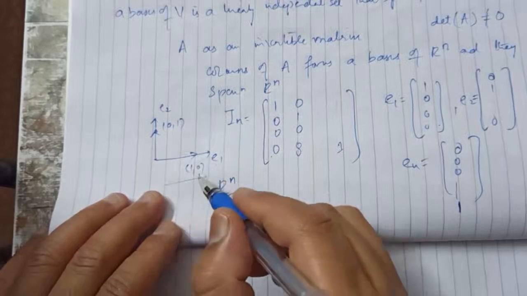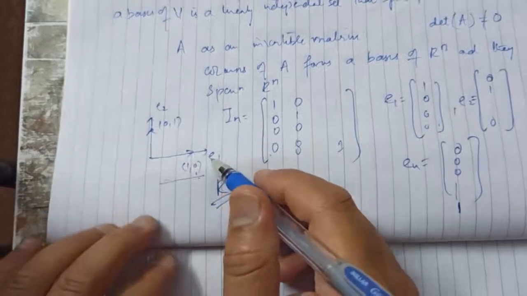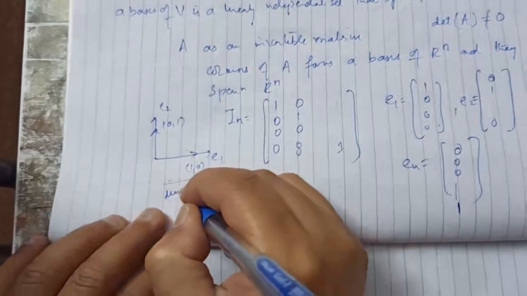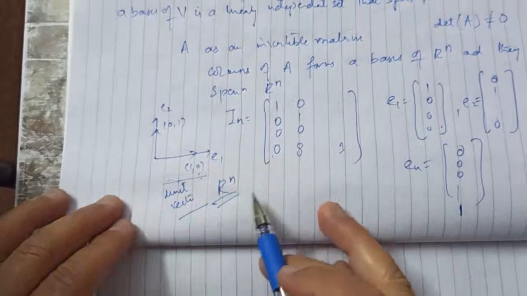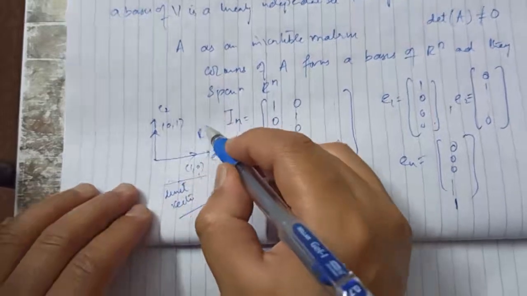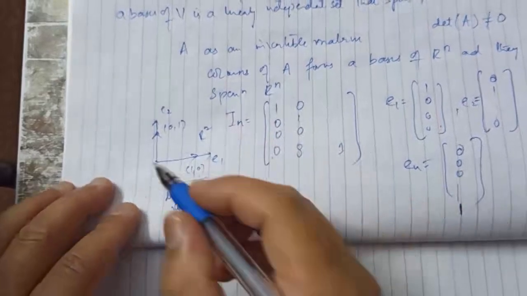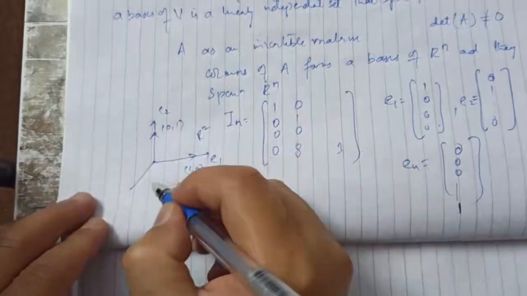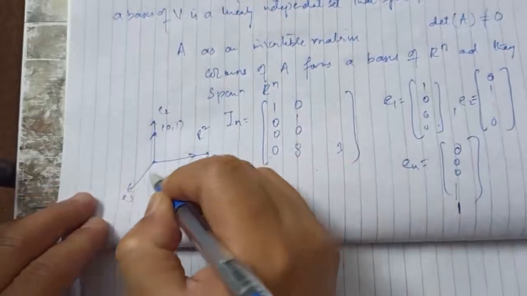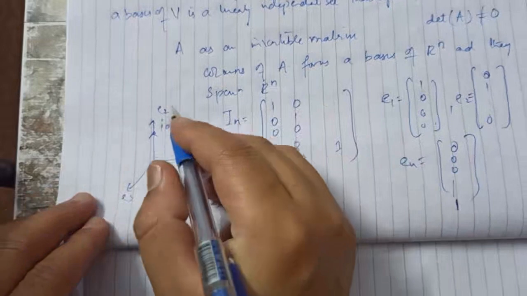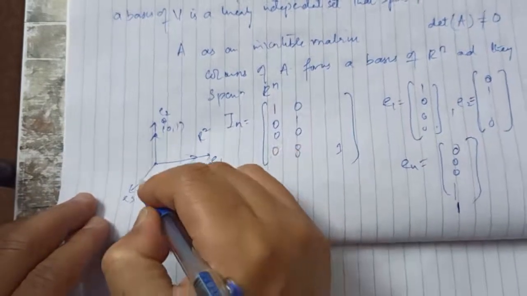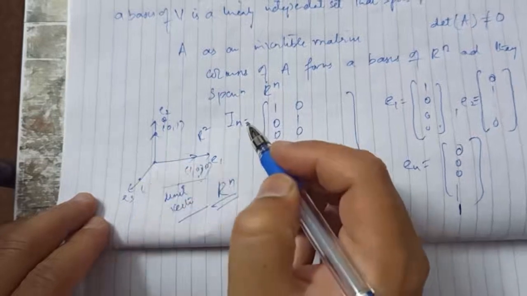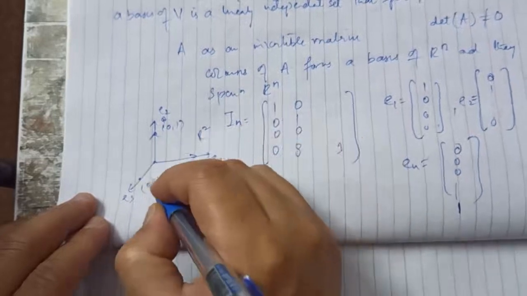Remember from your elementary physics, this is a unit vector, and that's why you use it for the standard basis in Rn. In this case it's R2. Similarly, if you have R3, you have the third dimension here, which is e3. In this case this is 0 0 1, this is 1 0 0, and this then becomes 0 1 0.